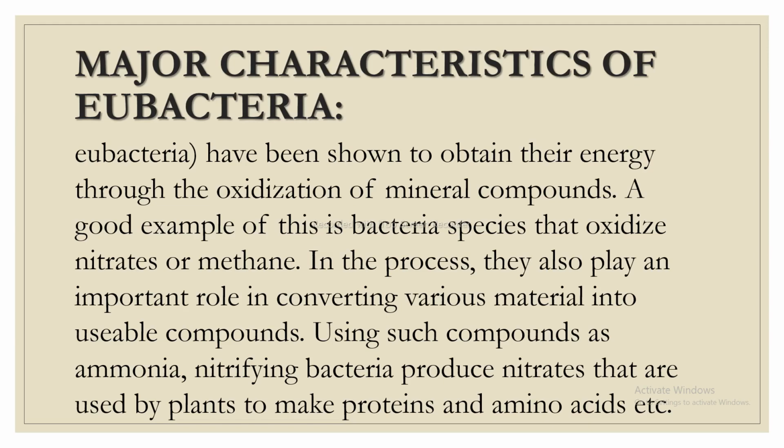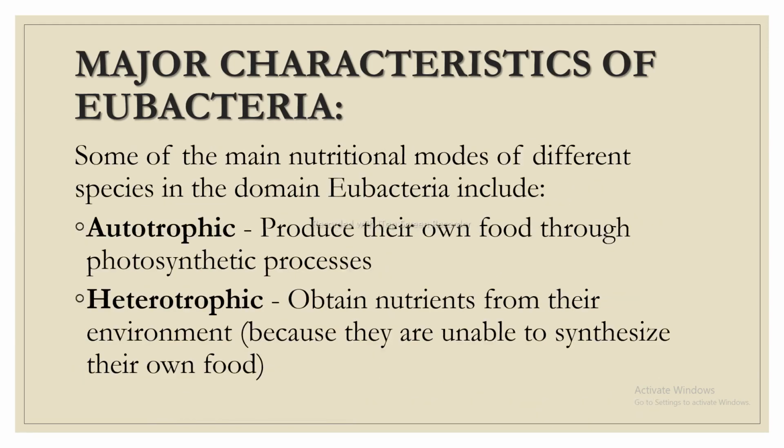Using such compounds as ammonia, nitrifying bacteria produce the nitrates that are used by plants to make proteins and amino acids, etc. Some of the main nutritional modes of different species in the domain Eubacteria include autotrophic. Autotrophs produce their own food through the photosynthetic process.